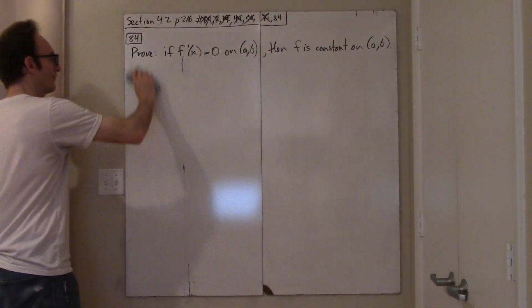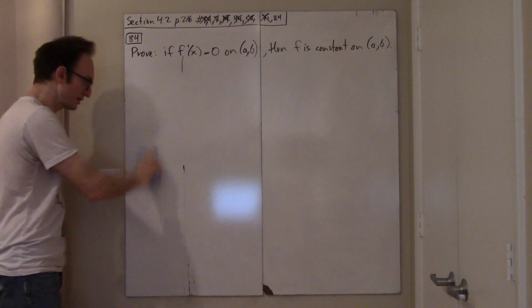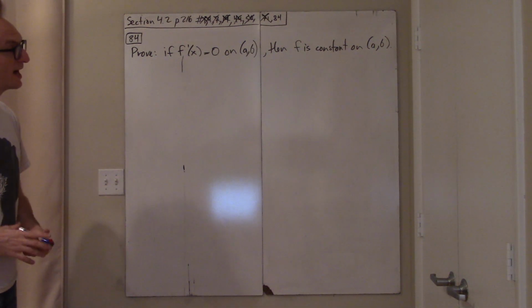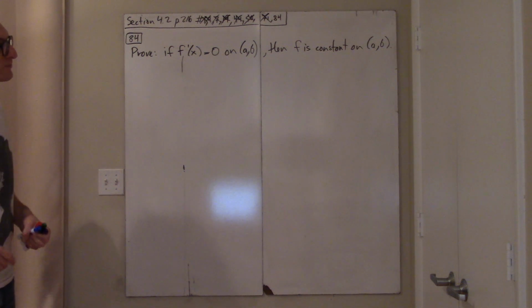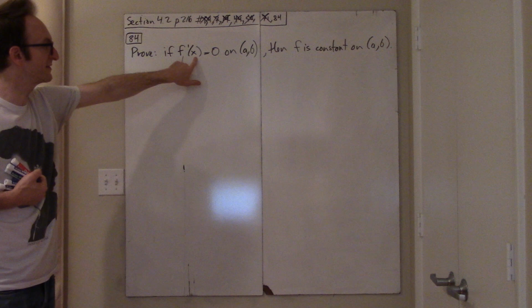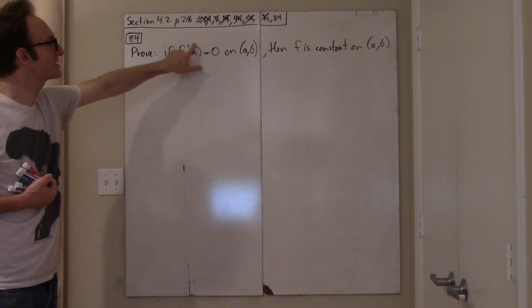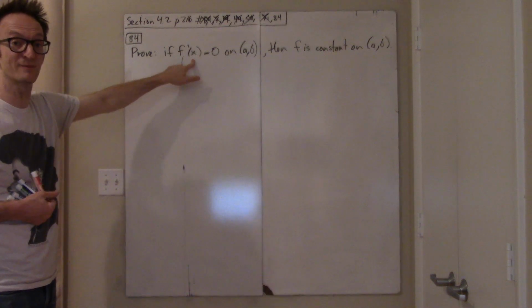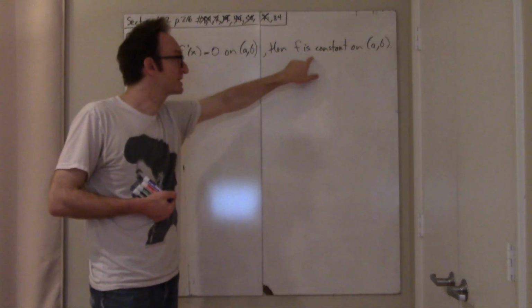And so this is our first encounter with the following situation. We know something about the derivative of a function. We know the rate at which a function is changing. And we want to conclude, based on that information, some properties of the function.